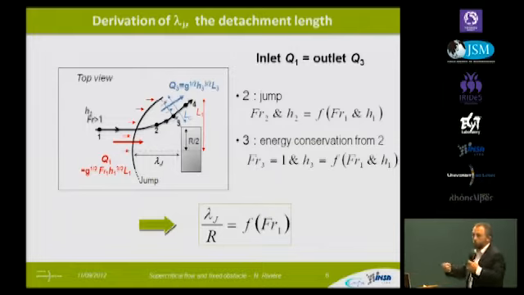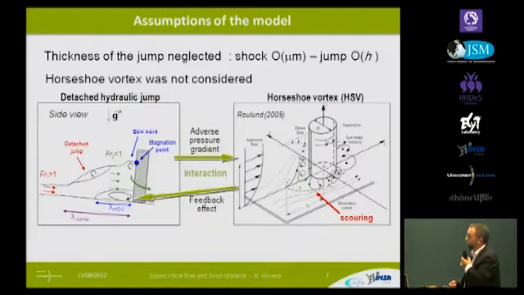This is a very long equation, but we have only one parameter. So with this model, maybe we can have an estimate of the length of the jump for every scale, laboratory scale or field scale. But maybe we have scale effects, and in fact, I have to speak about some assumptions.